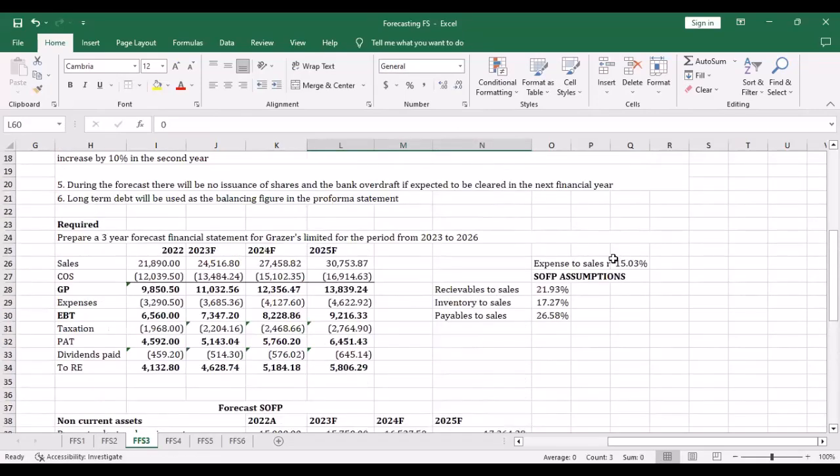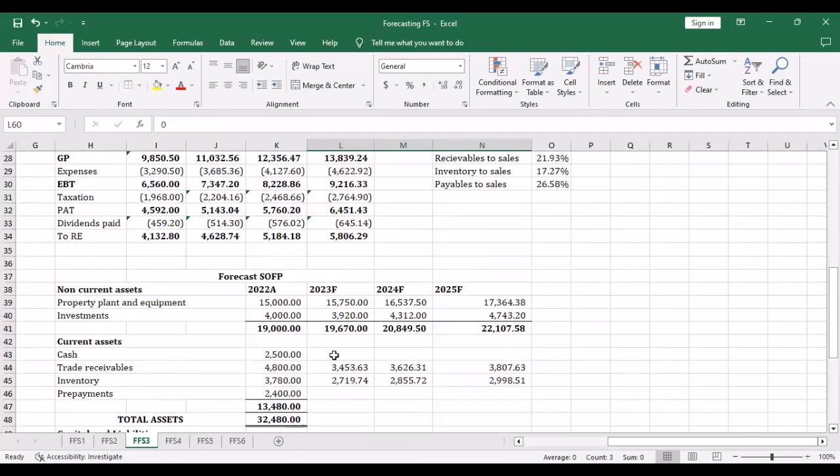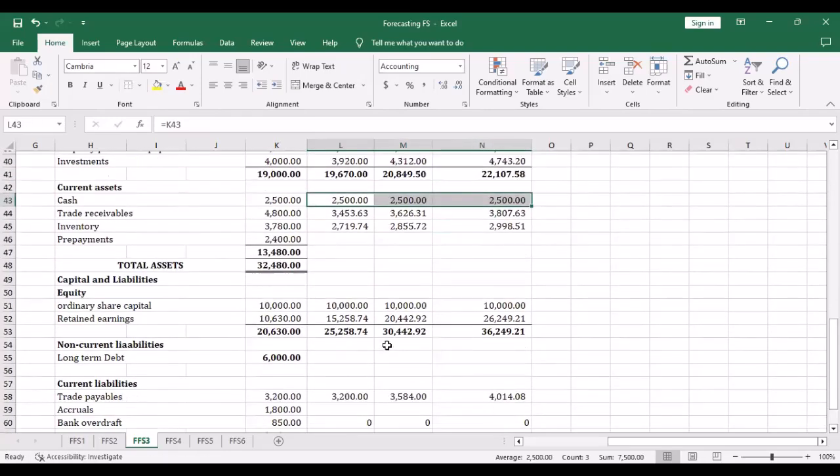I think there's some additional information missing, on the prepayments and cash. Prepayments and accruals were expected to remain constant, because you cannot forecast how much we will have.